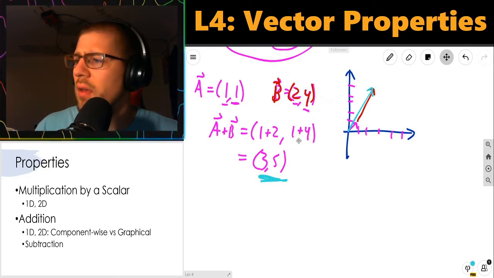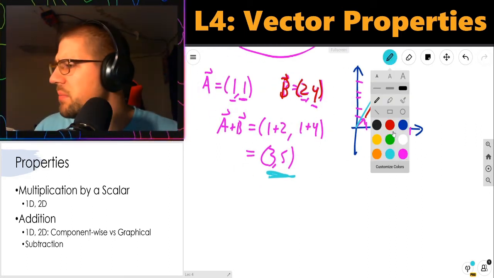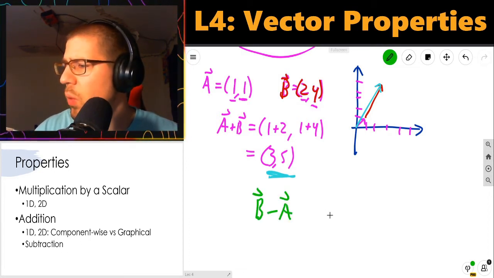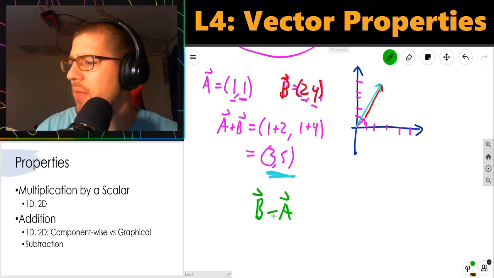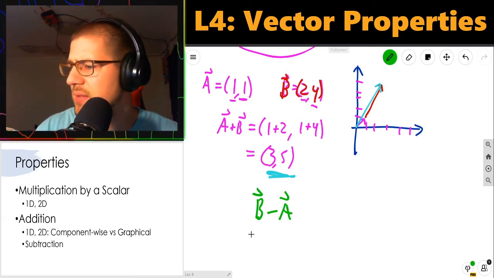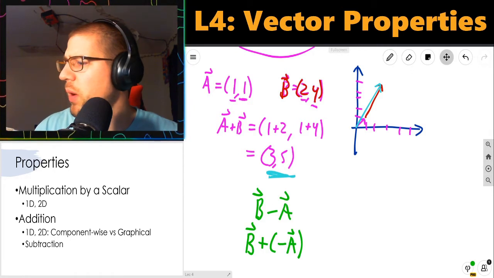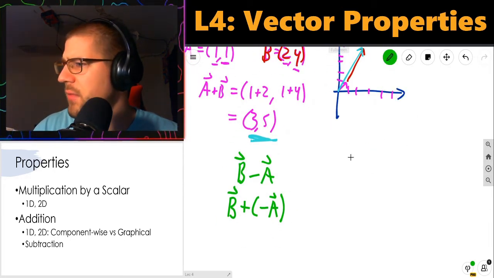Cool. Vector subtraction, so if I did b minus a, say, b minus a works kind of the same way, except that I apply the negative sign to my a. So this is basically the same as the vector addition of b plus negative a. So if we work that one out real quick, what do I get?